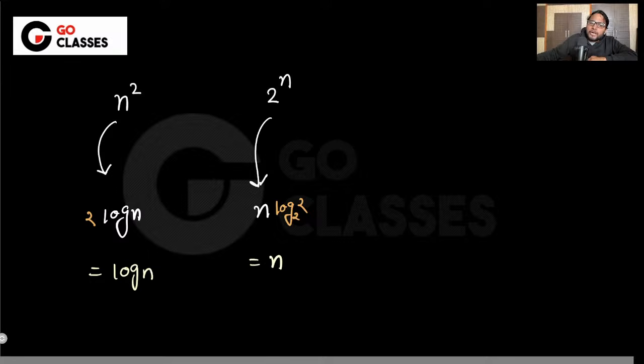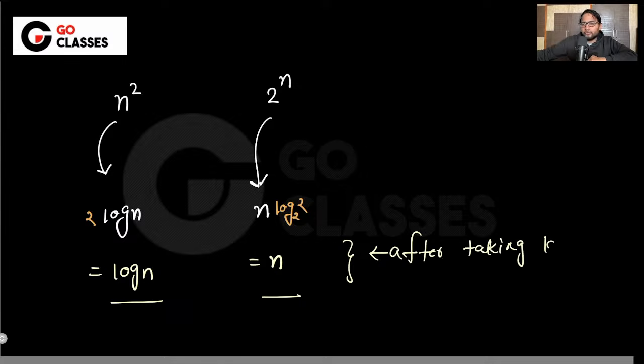Now between log n and n, which one is greater? Obviously n is greater. So after taking the log, we got to know that n is greater than log n.